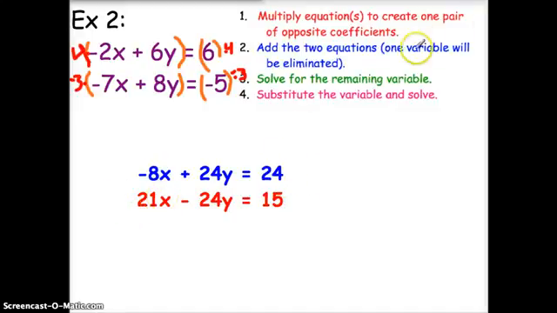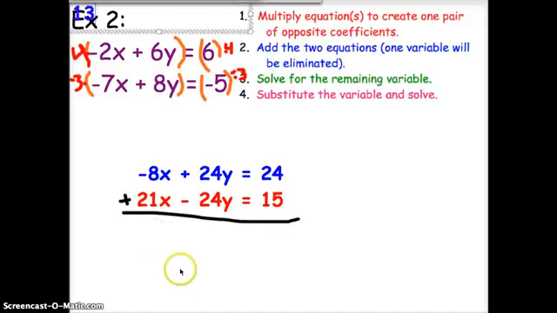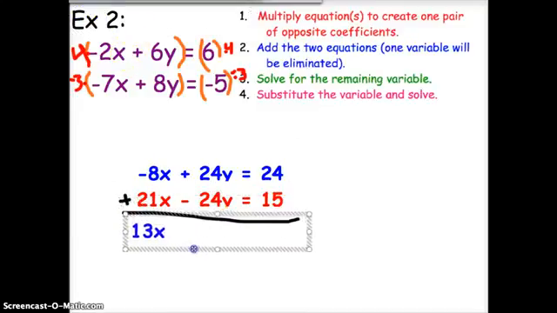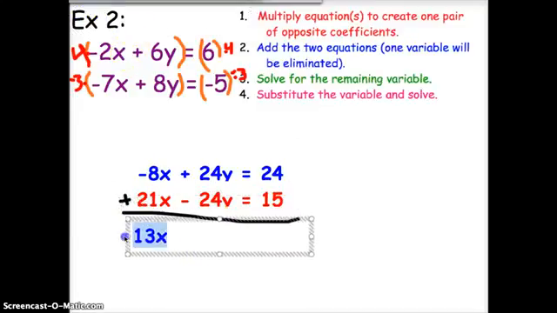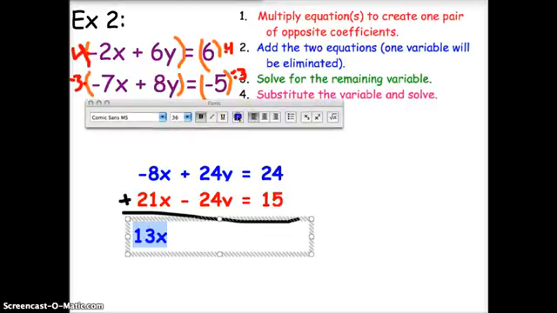So step number 2, I'm going to add the two equations together. Negative 8x plus 21x is 13x. 24y minus 24y is 0, so that will cancel out.